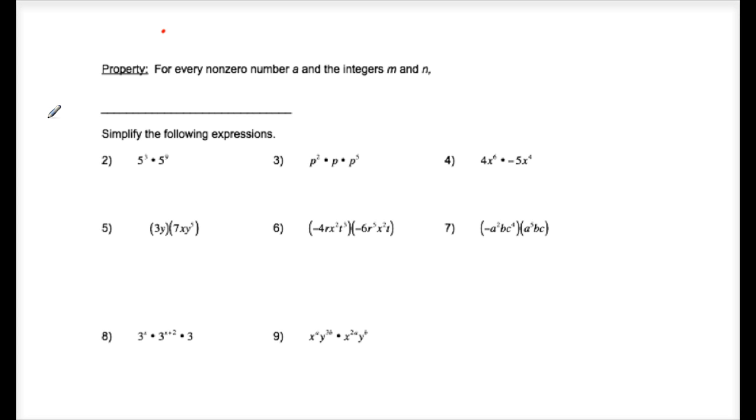The name of the property is not on the notes. I'm trying to think of it. The other one's on the notes. It's got a name, and we need to write it down. Can we call it the same base formula? Hang tight.